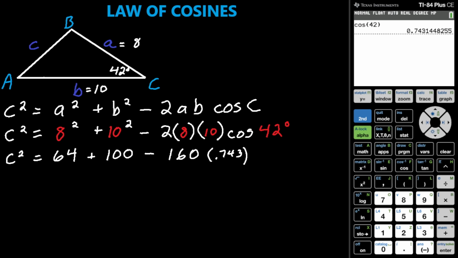And now I'm able to further simplify on the next line. So I have 164 minus 0.743 times 160 gives me 118.903.